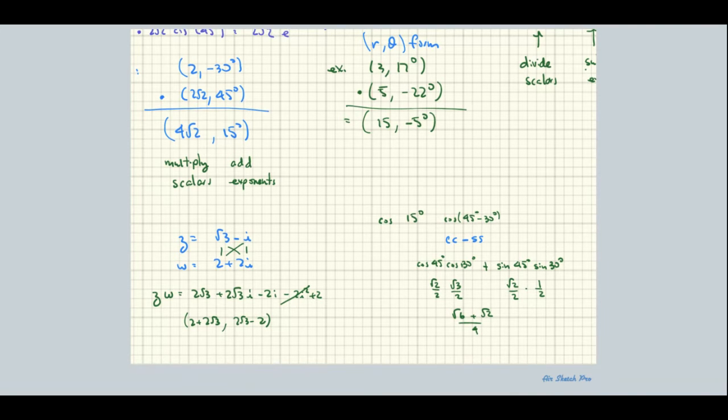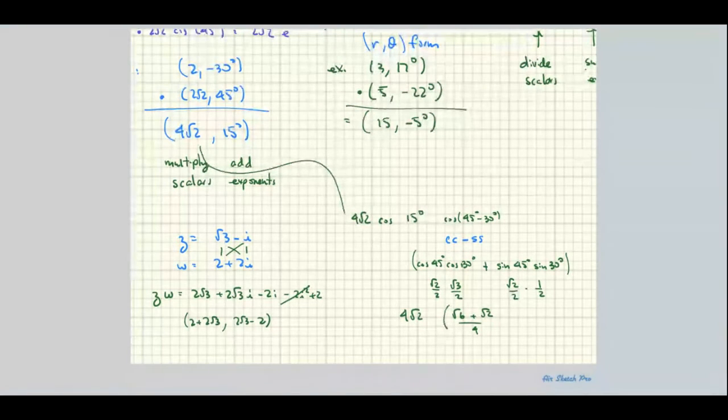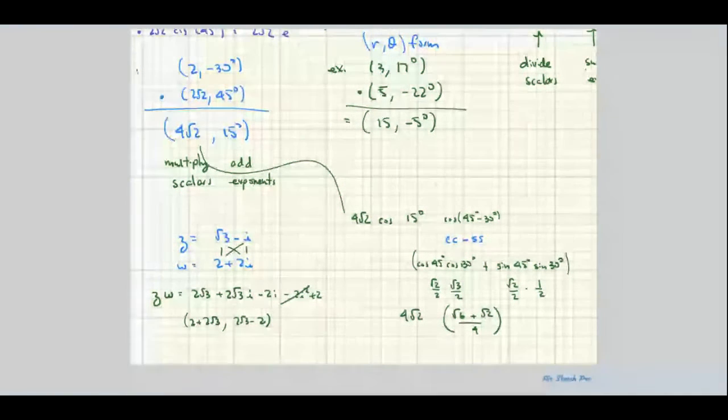Now, I'm just going to do this for cos. I'm going to take this times 4 root 2, from the r. Remember, I'm just doing the x coordinate now.